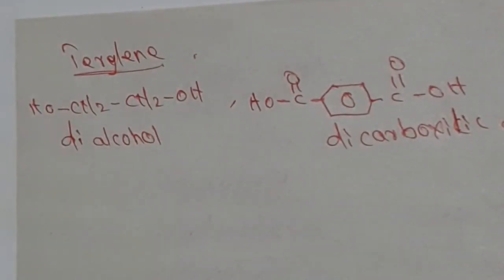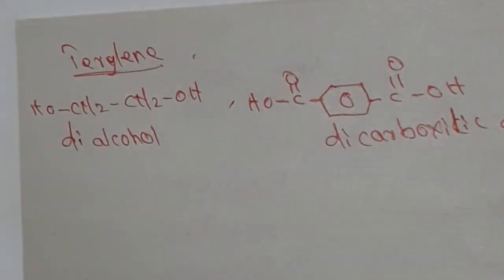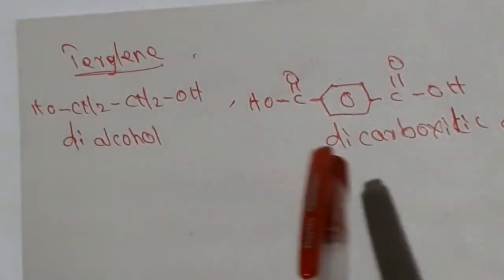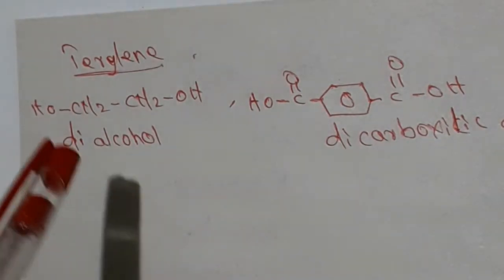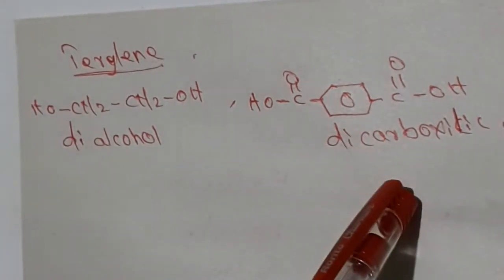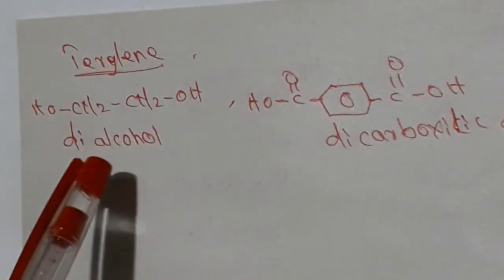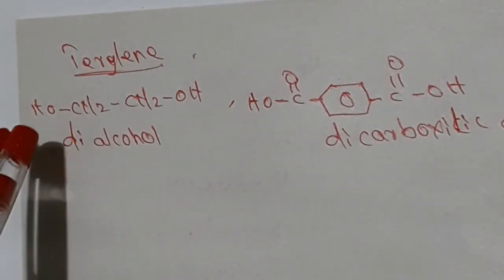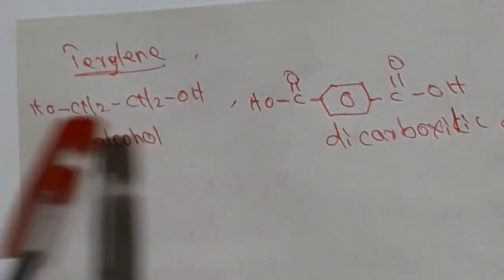Here terylene is ester. I told you before, ester is made of alcohol and carboxylic acid. Terylene consists of this type of alcohol and carboxylic acid, dialcohol and dicarboxylic acid. Dialcohol means the compound which consists of 2 OH functional groups.